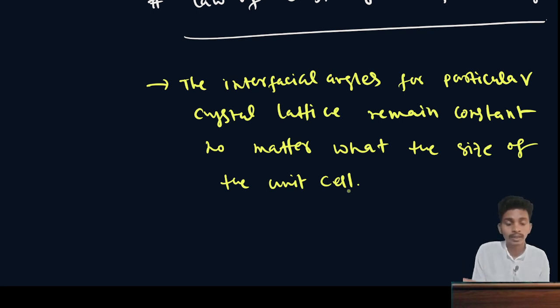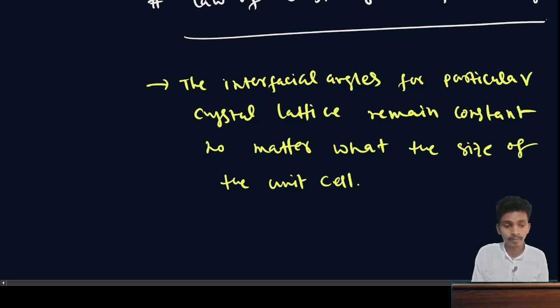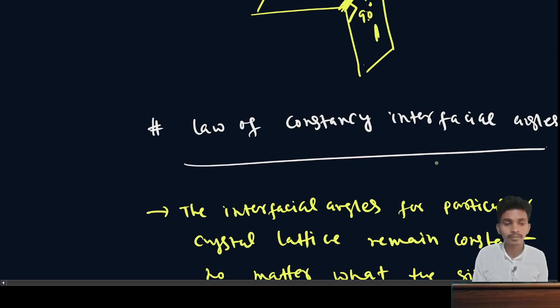So that is the importance of interfacial angles: if you change the size of a unit cell, it means the size of the crystalline solids, then also the interfacial angles will not get affected, they will remain constant as they are. So that's the law of constancy of interfacial angles.